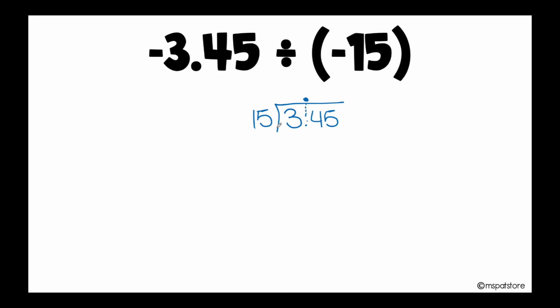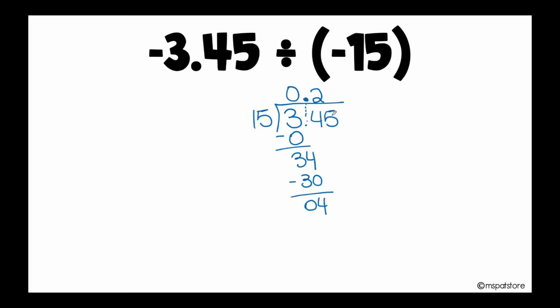So let's see. 15 fits into 3 times, actually 0 times, because 15 times 0 is 0. So I'm going to do 3 minus 0, which is 3. Now I'm going to bring down the 4. 15 fits into 34 2 times, because 15 times 2 is 30. 34 minus 30 is equal to 4.